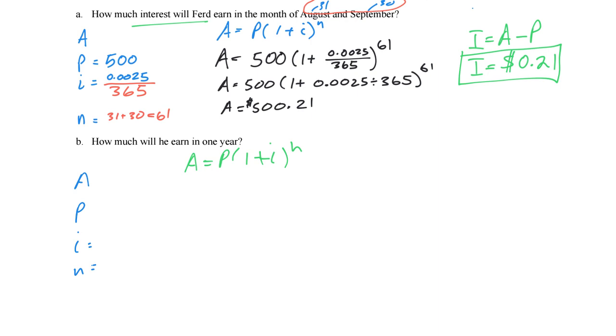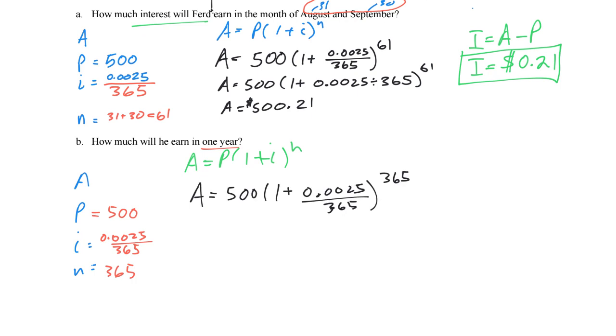Now, the i still stays the same, as 0.0025 divided by 365. n, because it's compounded daily, is just the number of days that occur. And in this case, it's going to be 365 days for exactly 1 year. Now, the P value is still 500. So we're just going to substitute directly in.